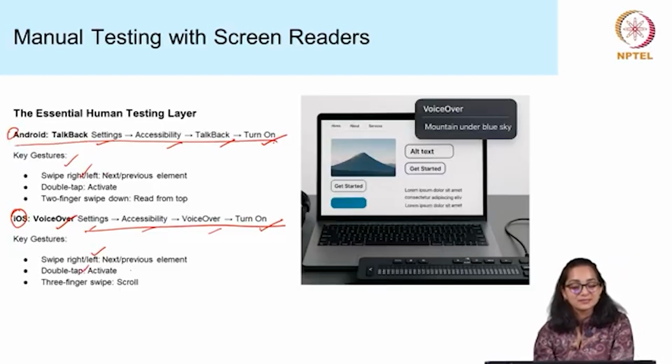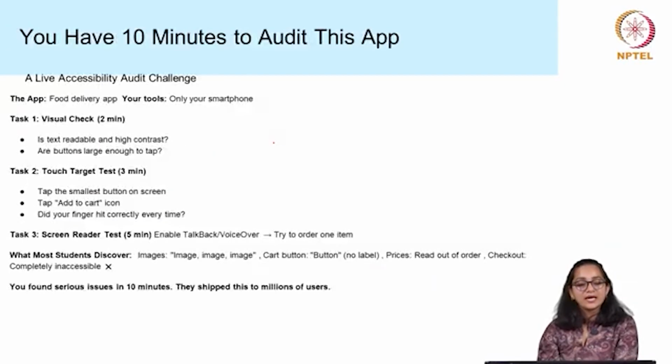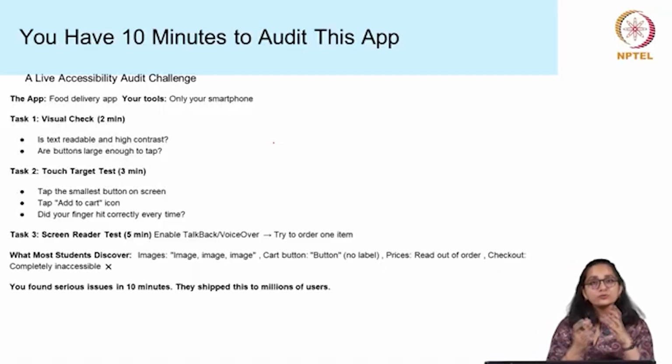Go to settings, accessibility, turn on TalkBack or VoiceOver, and then we will try to do this 10-minute audit challenge. As soon as I am finished talking about these aspects, maybe you can pause the video and continue doing it for 2 minutes.